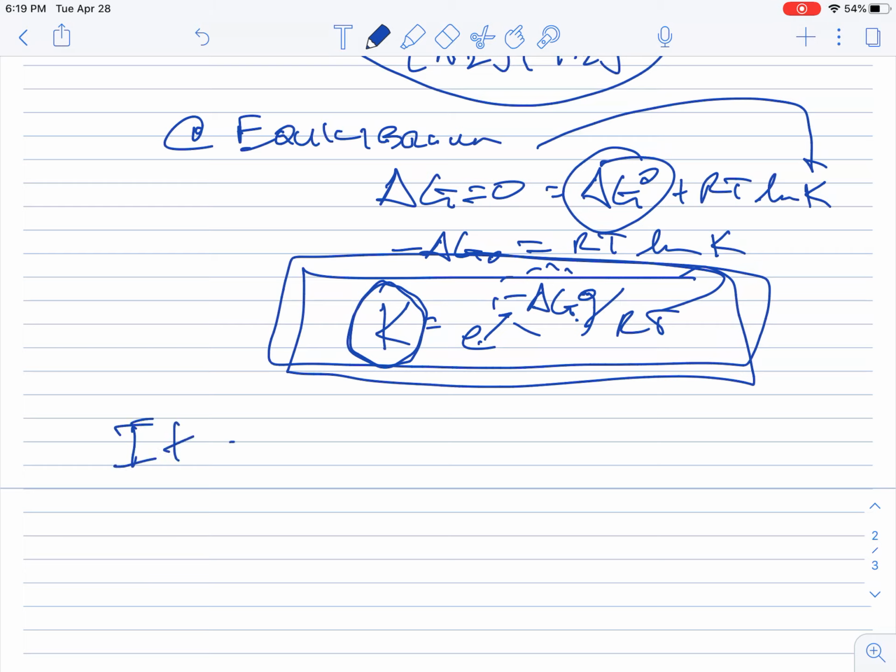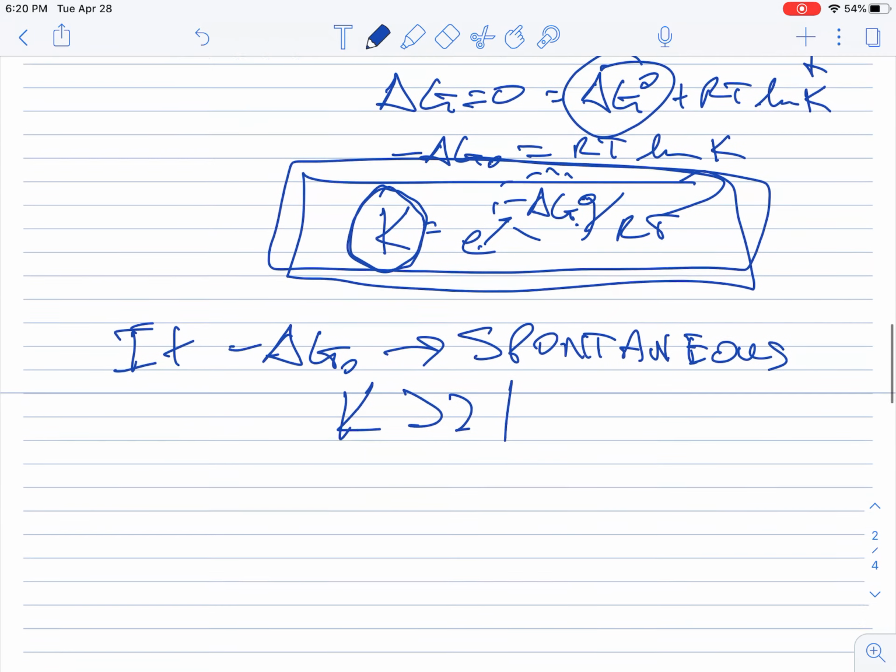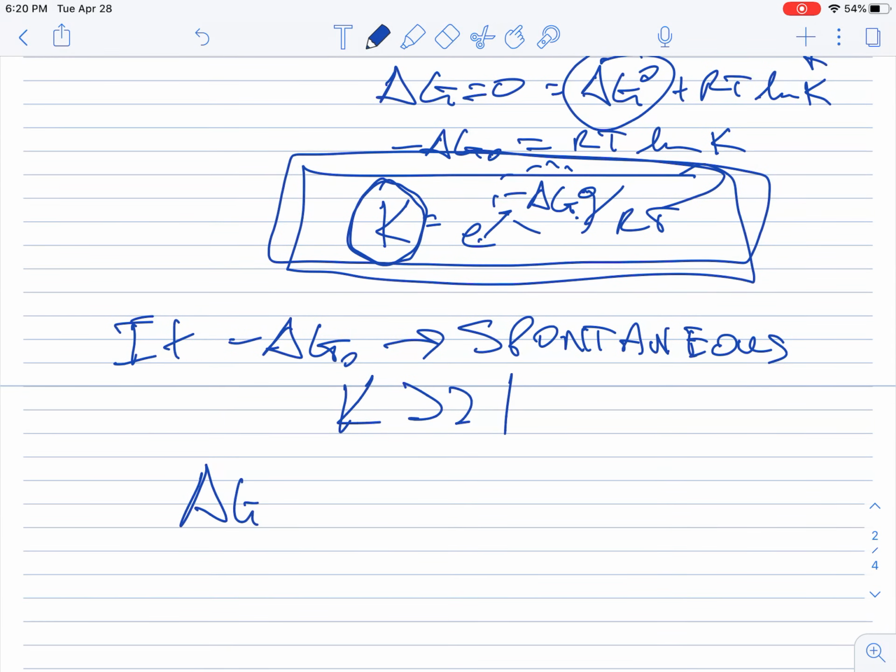If you've got a negative delta G, that means your reaction is going to be spontaneous, which is kind of cool. And we're going to have a K value much bigger than 1, so we're favored in the forward direction. If delta G naught equals 0, guess what?